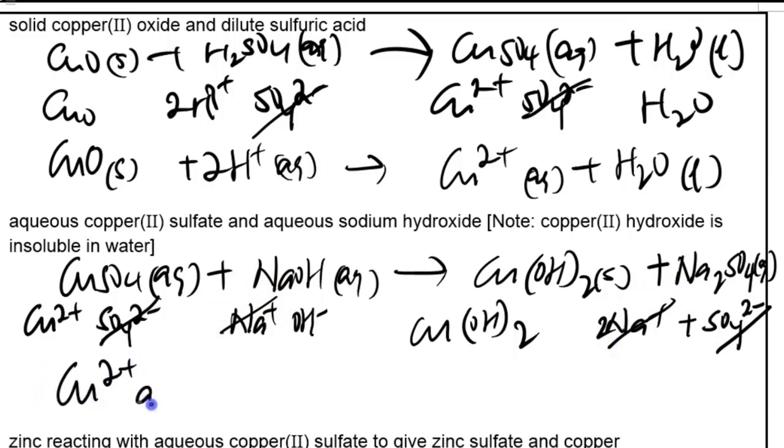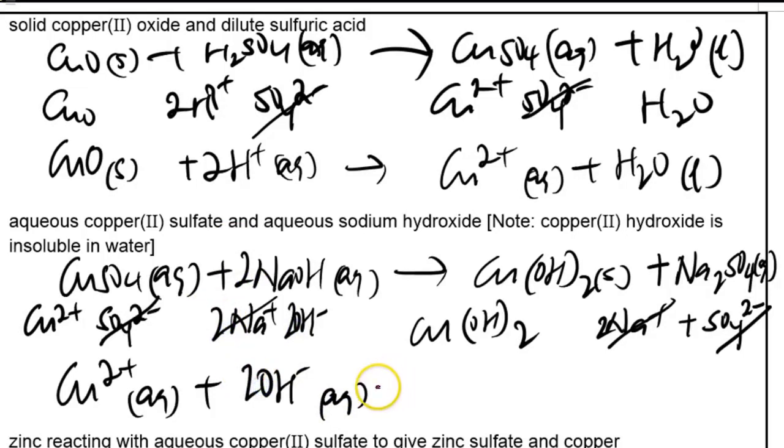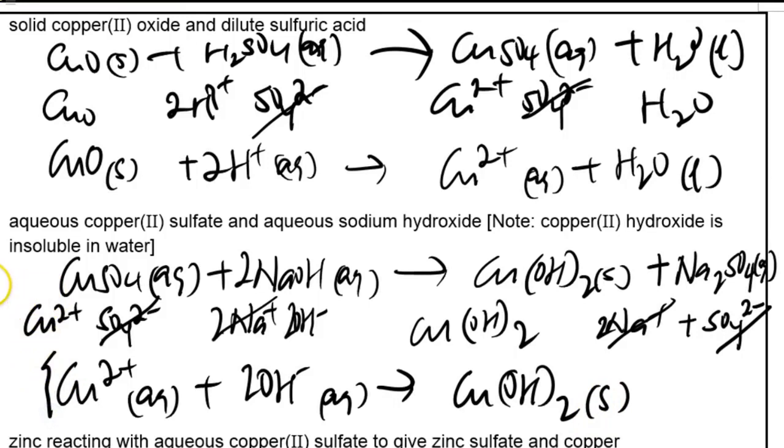We have Cu2 plus aq plus OH minus aq, giving us Cu(OH)2 solid. So this is also known as a precipitation reaction. The precipitate in this case is copper 2 hydroxide, blue in color.